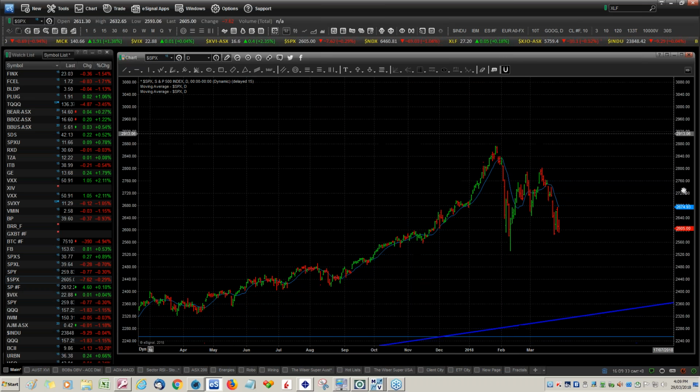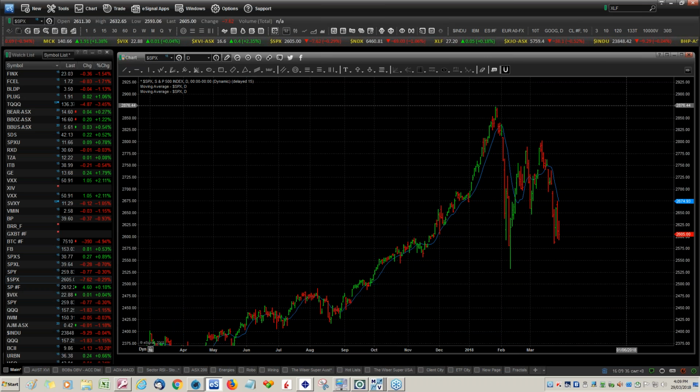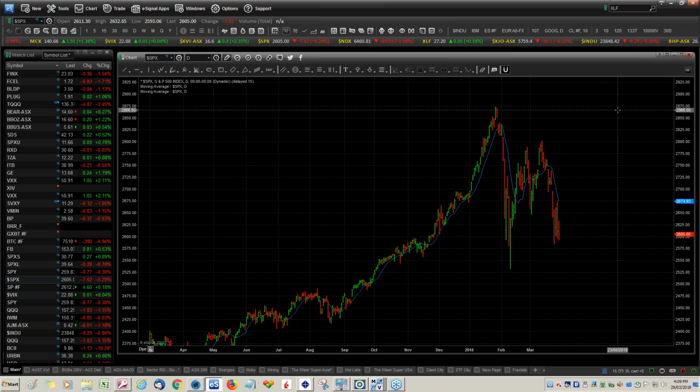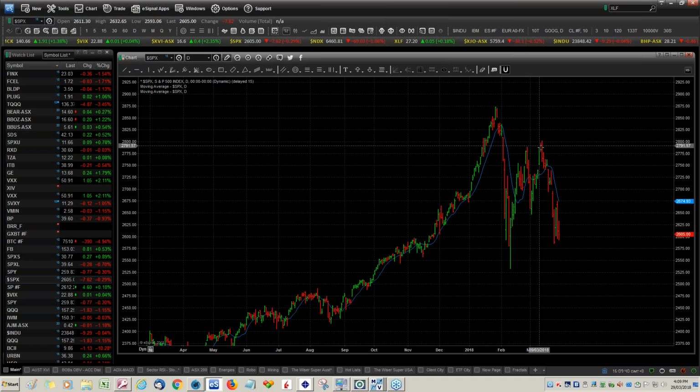Okay, the second piece of information I want is the upper boundary. Now the upper boundary, I'm going to use the same percentage fall in the 2008 fall. So the high of this M top currently is 2802. Maybe not to the cent, but 2802.